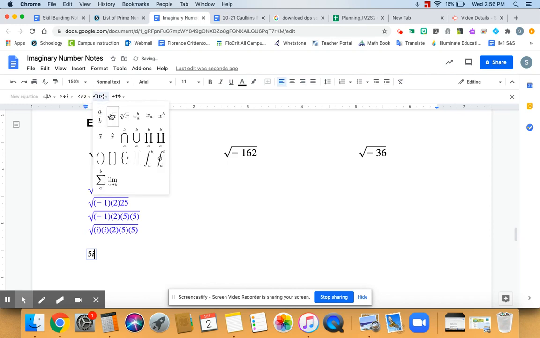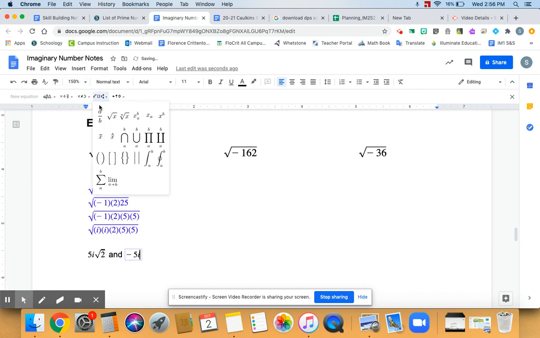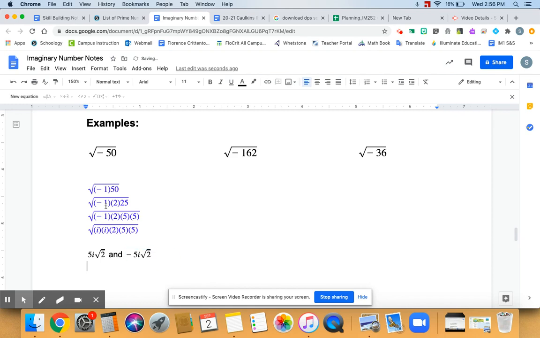But under the square root, I'm still left with that 2 right here because it didn't have anyone to combine with. So this simplifies to this, almost, because we have to remember the negative version. I could have written this the quicker way: plus-minus 5i root 2.